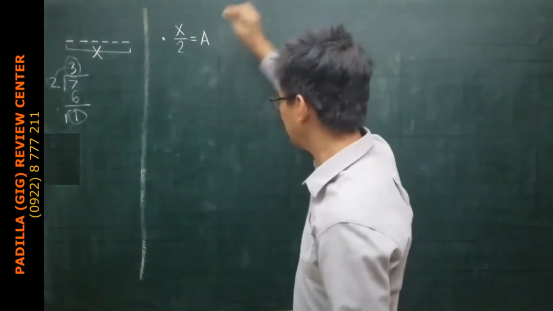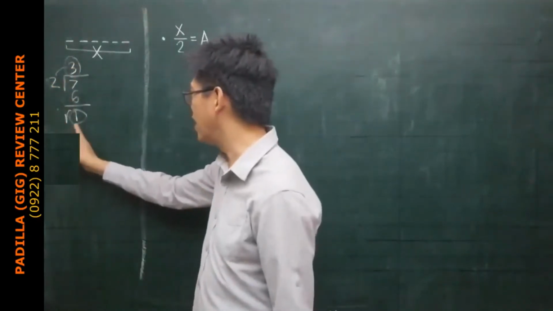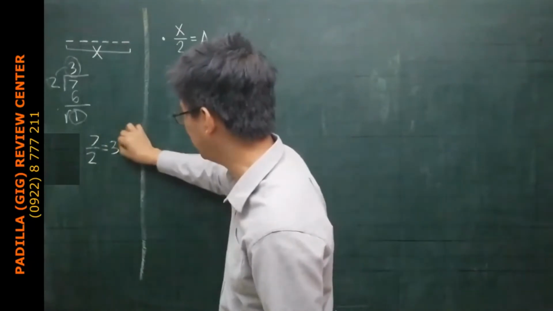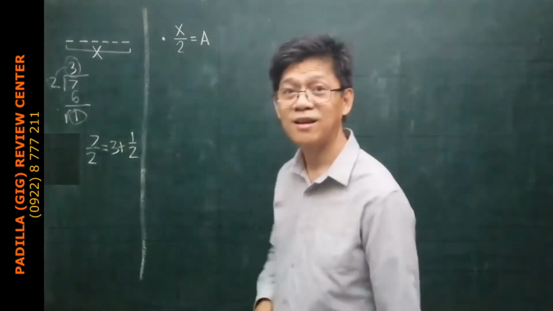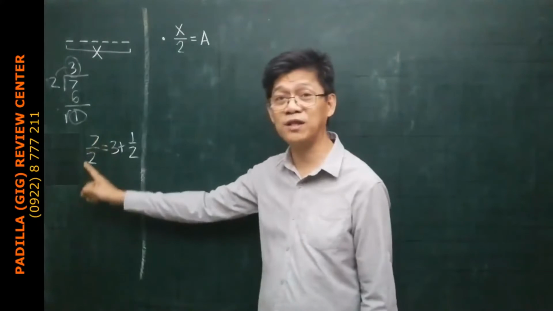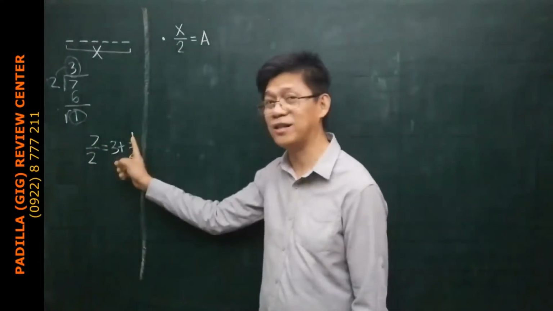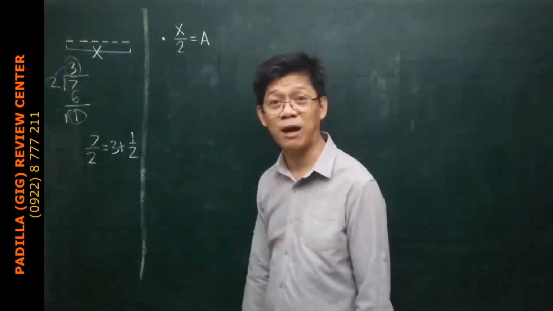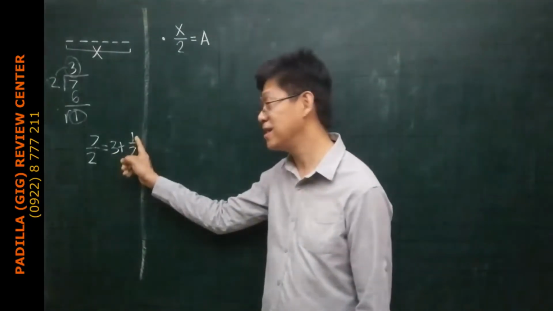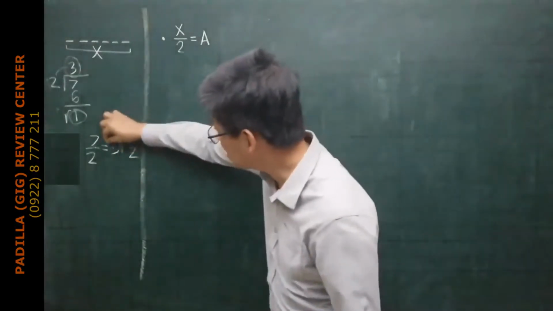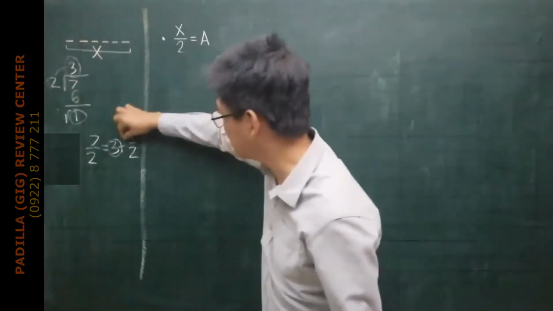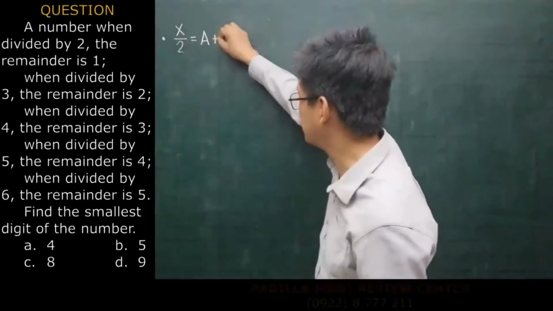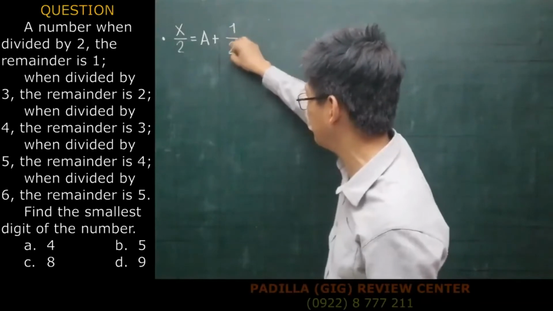So, yung 3 remainder 1 can be written also as 3 plus 1 half, right? So, 7 divided by 2 is 3 remainder 1, or 3.5 in decimal, or in fraction 3 and 1 half. 3 and 1 half is 3 plus 1 half. This is the answer and this is the remainder. This is the divisor. So this may be written as remainder 1 over divisor 2.